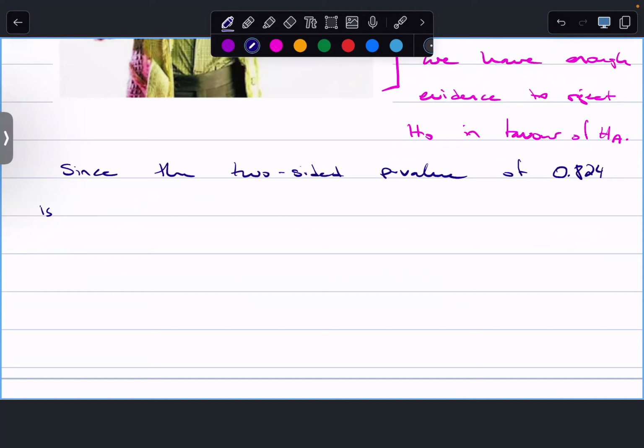And so it is not less than the alpha level, and when I use 0.05, I'm just going to call it the assumed alpha level, kind of the default, less than the assumed alpha level of 0.05, which means I do not have enough evidence to reject H naught.